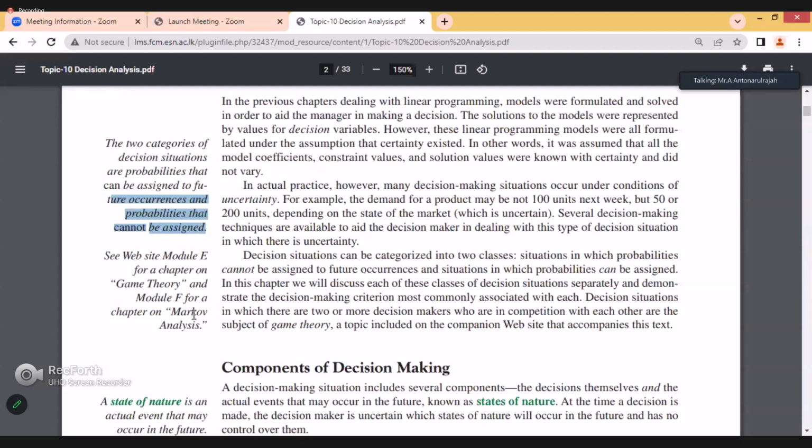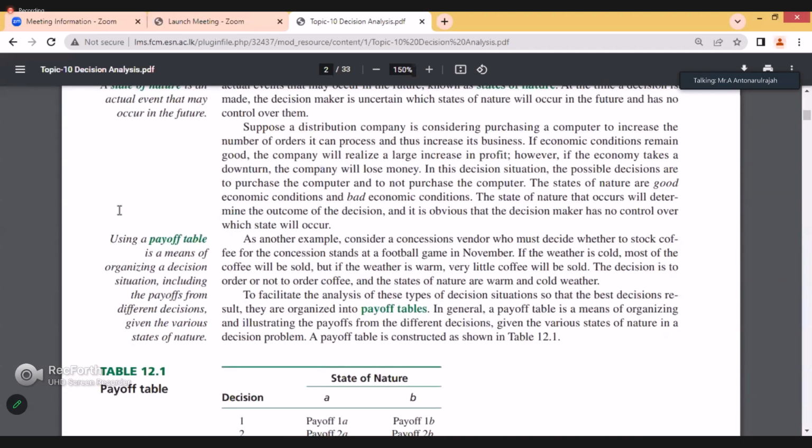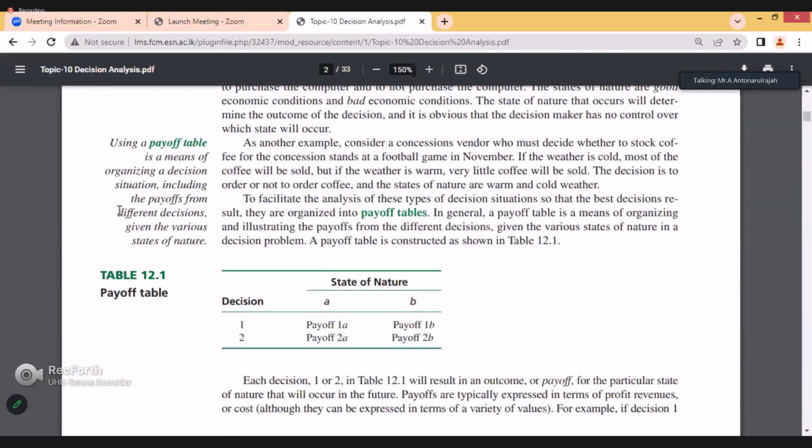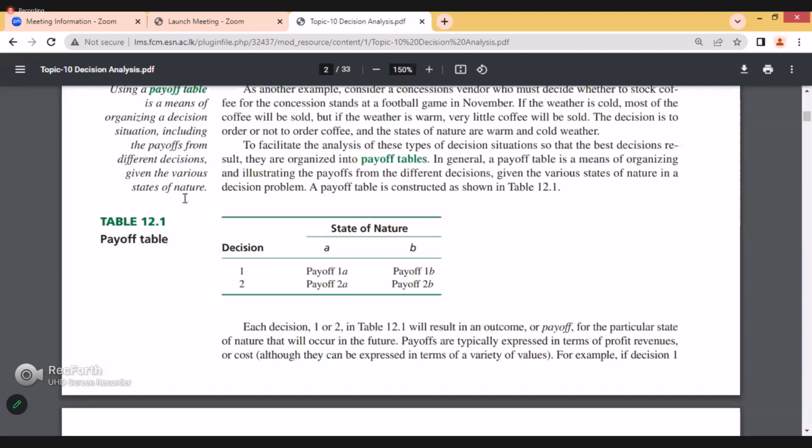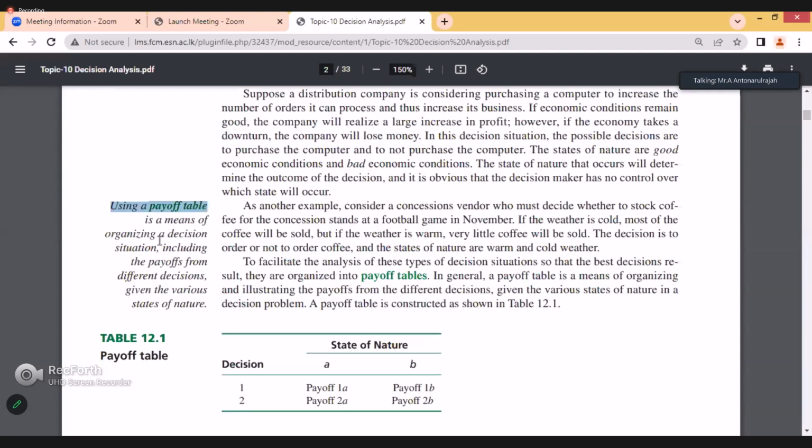And also the payoff table. The payoff table is an organization of setting up a decision situation, including the payoff from different decisions given at various states of nature. For example, the decision situations may be purchasing an apartment building, an office building, or a warehouse.